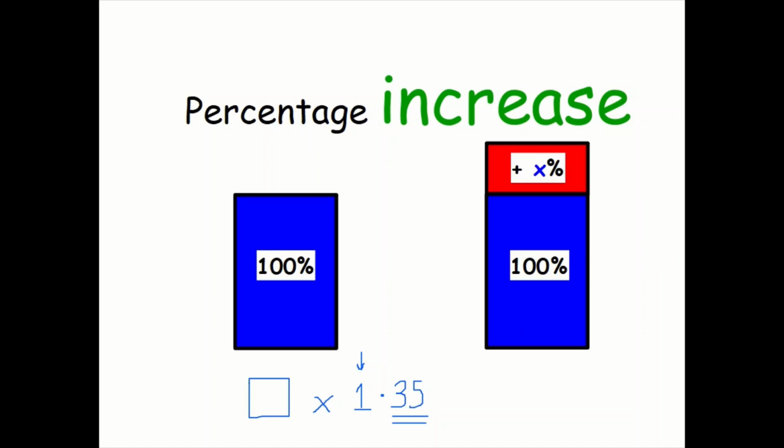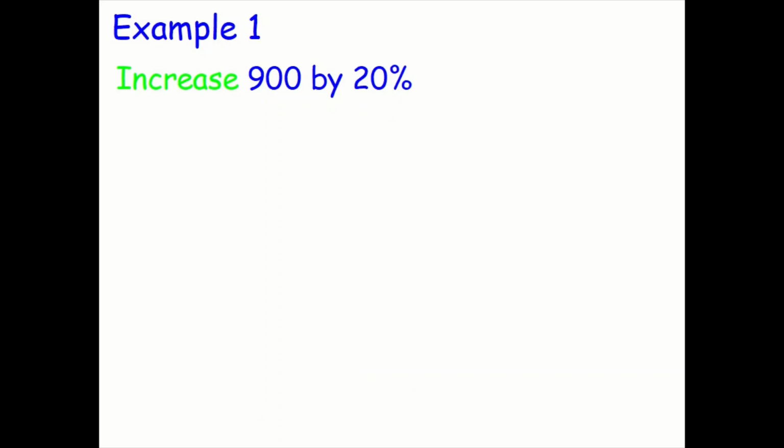So let's have a look at that in some examples. Example number 1, it says increase 900 by 20%. There are several ways you can do this, and I'm going to show you a few different ways. You can do the multiplier method like we've just looked at.